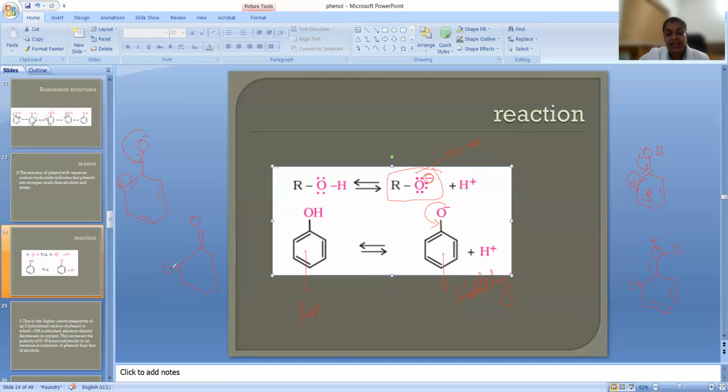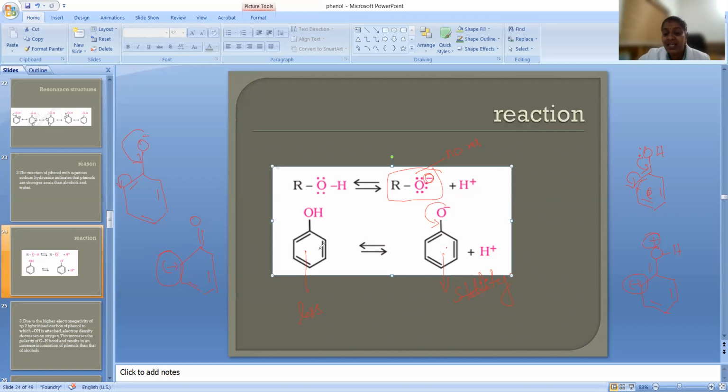So only one negative charge is spreading throughout. Here in phenol there is a charge separation, two different charges are there. If two different charges are coming in, stability will be less. But here only a single negative charge is there, so the stability of this molecule will be higher than that of the phenol.